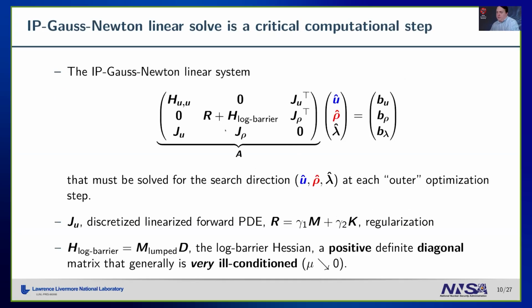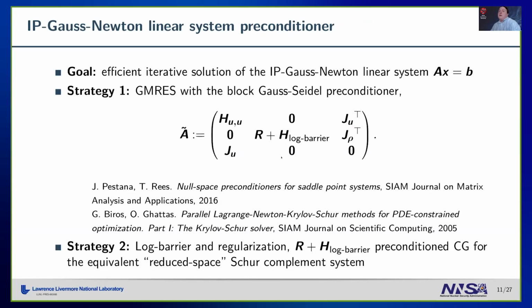And this preconditioner is formed just by eliminating this 3-2 block here, just zeroing it out. Then there's another approach that we have, where we can actually use CG, that I'll discuss time permitting.